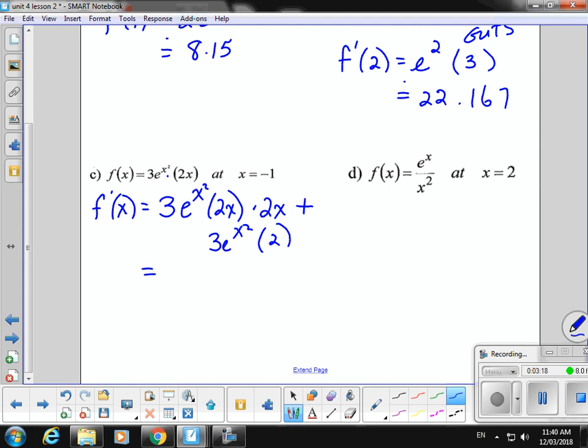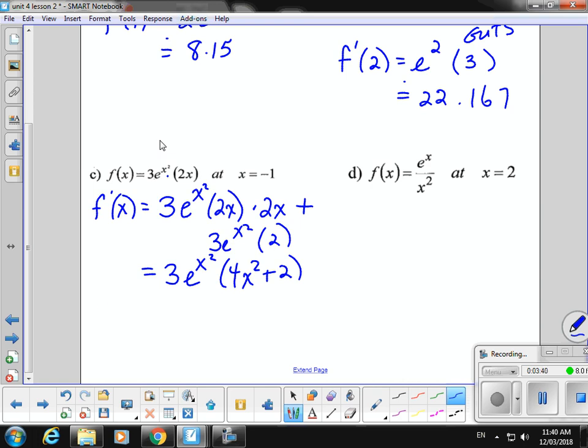We could tidy that up a little bit. I see that I have 3e to the x squared everywhere. I'm hesitating because I see a 2 as well. Anyway, I have 4x squared plus 2. Yeah, I could have taken out a common factor of 2, but that's a little bit tidier.